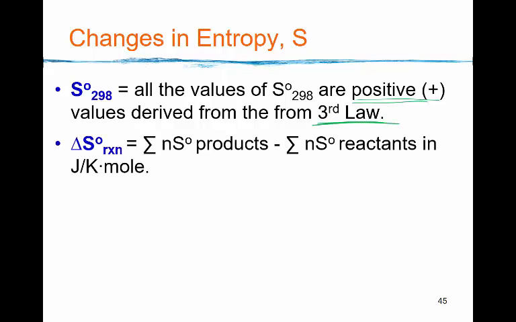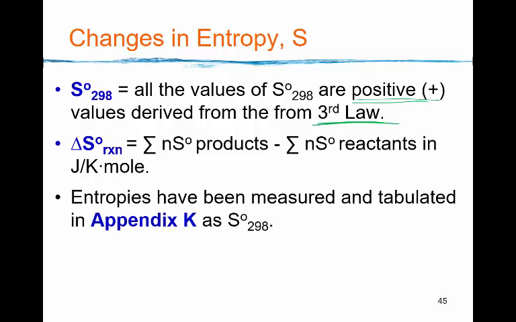The change in entropy of a reaction, just like Hess's law before, is the sum of all the entropy of the products minus the sum of all the entropy of the reactants in joules over K times mole. The entropies are measured and tabulated where? In our old buddy Appendix K, okay? And it will be listed as S0 at 298, okay?